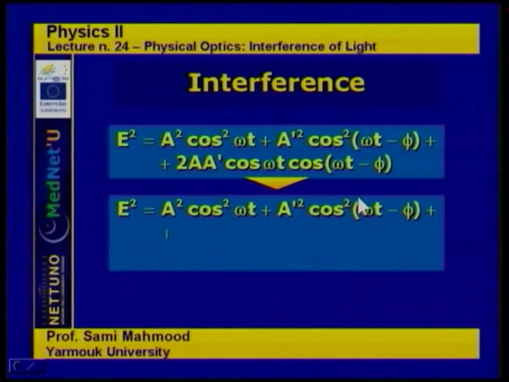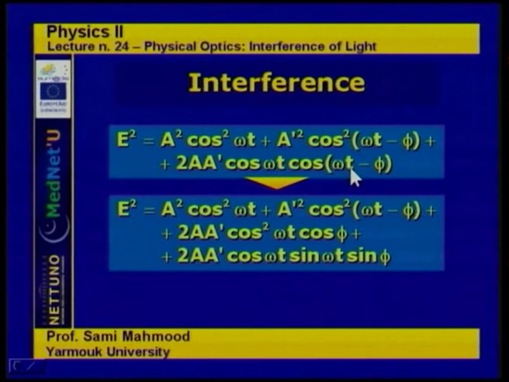And here we expand the term cosine omega t minus phi. So if we expand it, we will end up with E square equal to A square cosine square omega t plus A prime square cosine square omega t minus phi, we don't have to expand this because this is the only cosine term that exists there, plus 2A A prime cosine square omega t cosine phi plus 2A A prime cosine omega t sine omega t times sine phi.